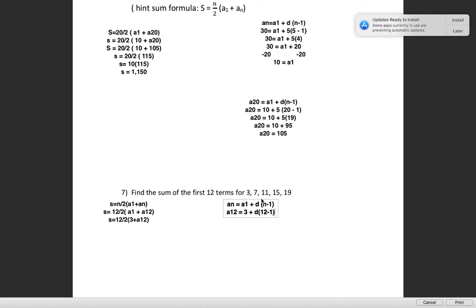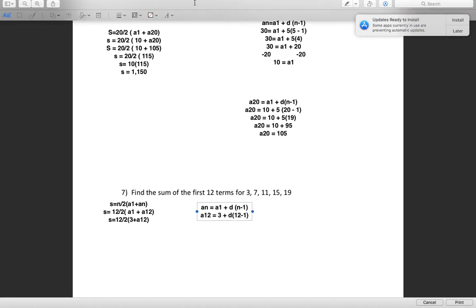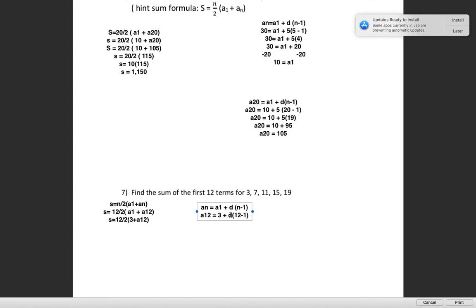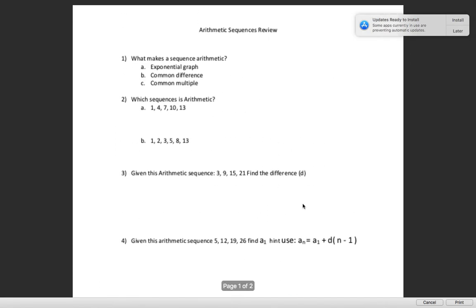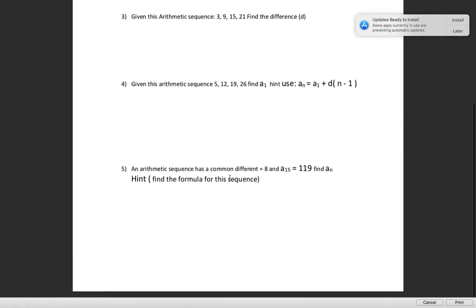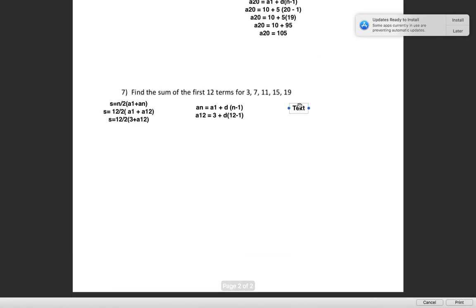So we need to find the difference. We can't find the difference from this formula because we don't have enough information. Because this is a variable, we can't really solve for the difference. But if we go back all the way over here, remember to find the difference, that just equals A3 minus A2.